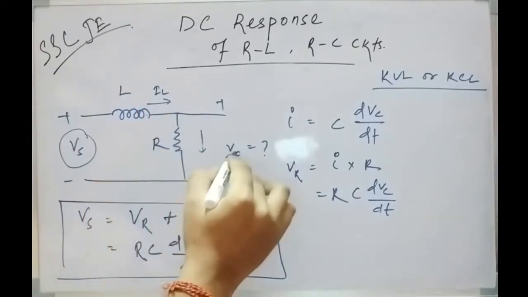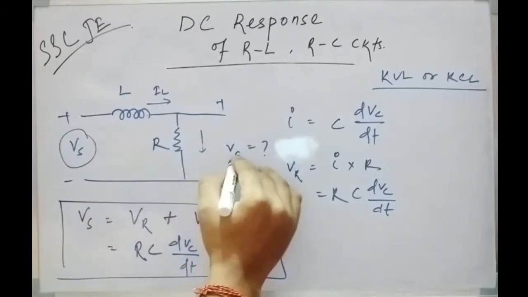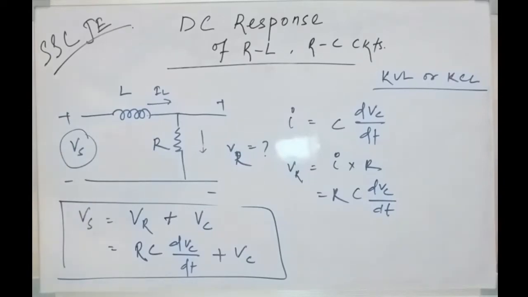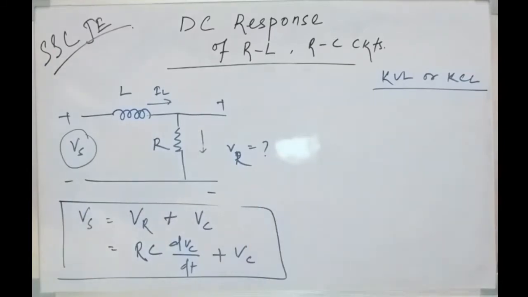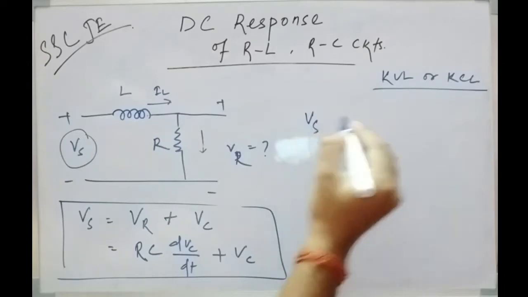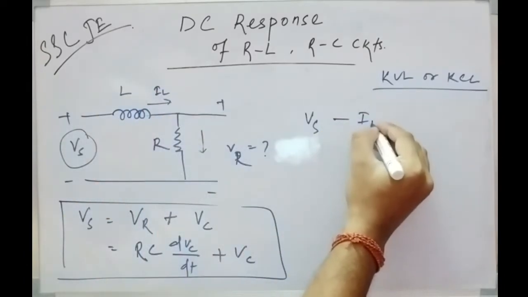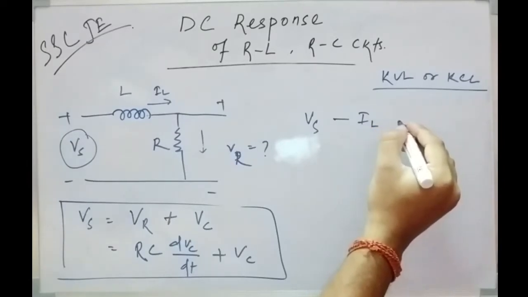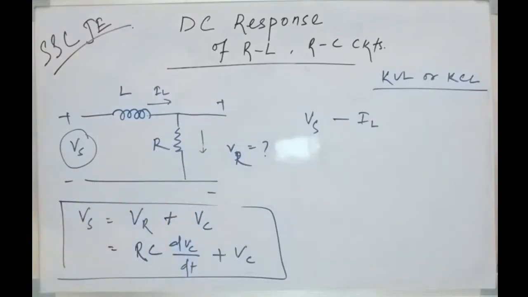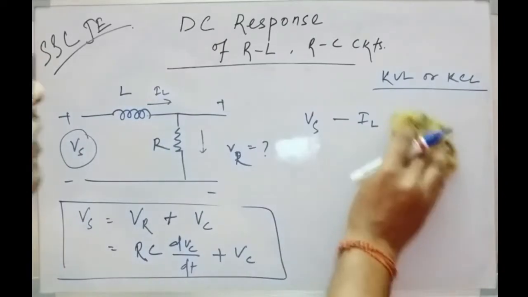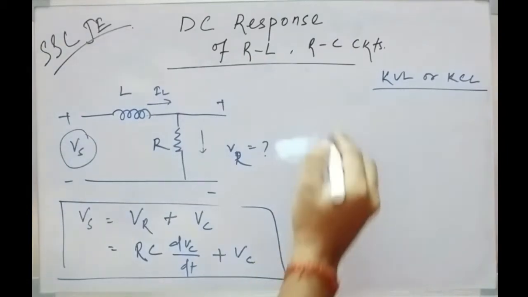This one is R. Here the output voltage will be across the resistor, that is VR. If I put KVL here, how much will I get?